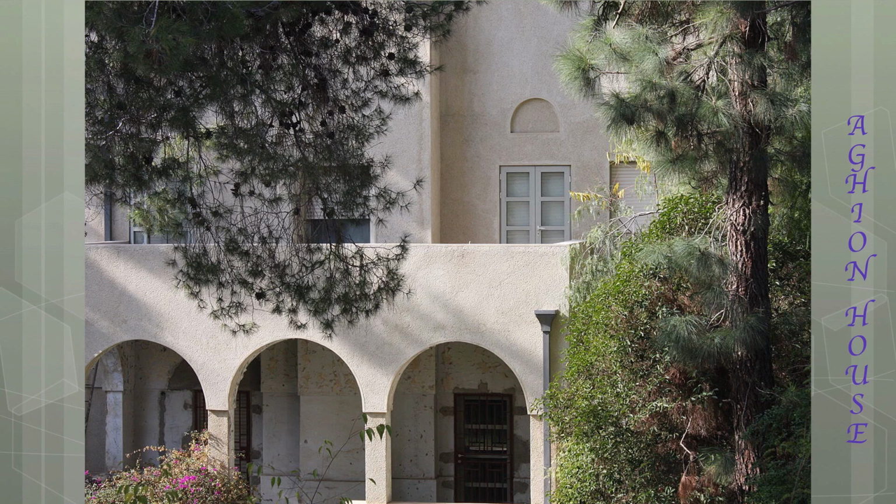The house has an impressive pedigree. It was built for a wealthy Jewish-Greek merchant named Edward Agion, an affluent resident of Alexandria, Egypt. Between 1939 and 1940, it served as the home of King Peter II of Yugoslavia at the beginning of World War II.